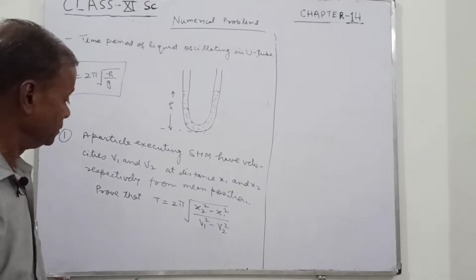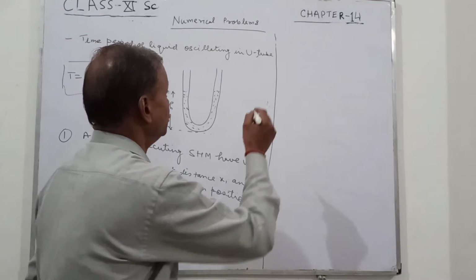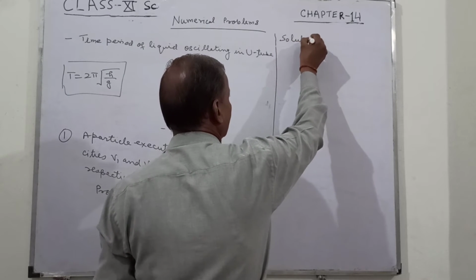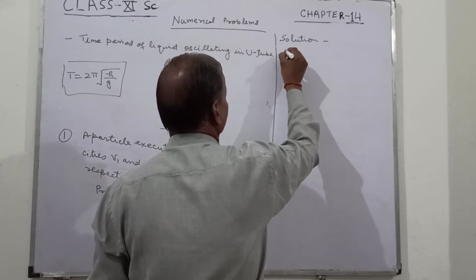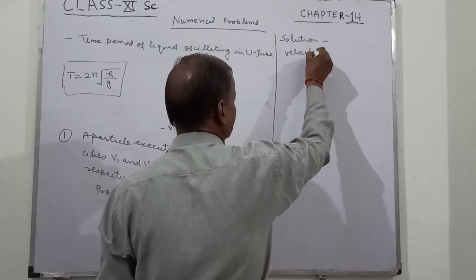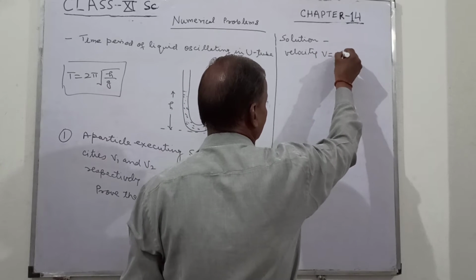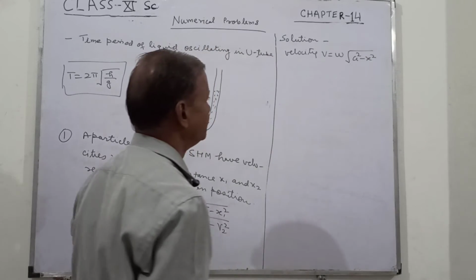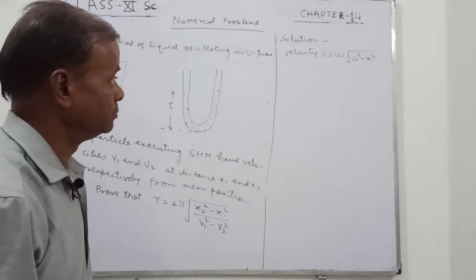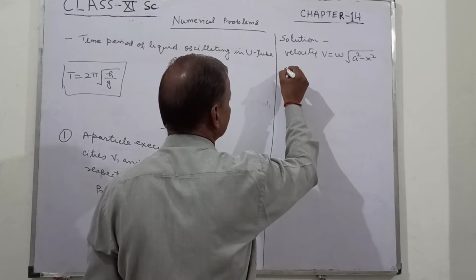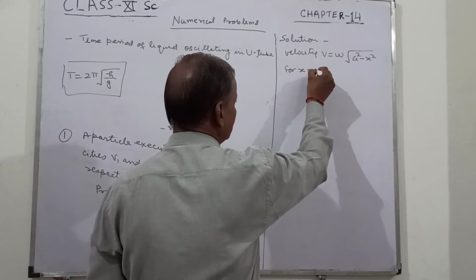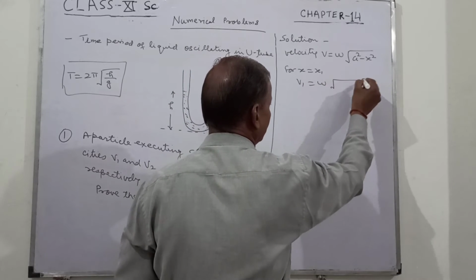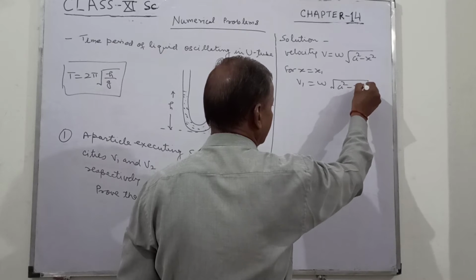Now we know that this velocity v equal to omega square root of a square minus x square. This is the relation that we know. For x equal to x1, v1 equal to omega square root of a square minus x1 square.